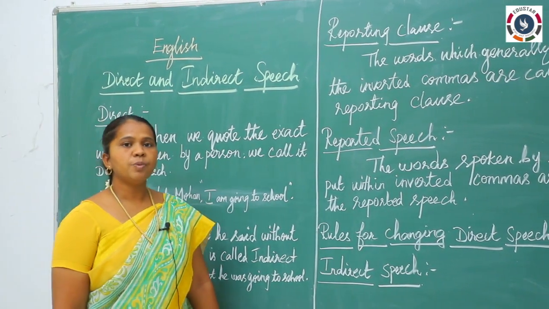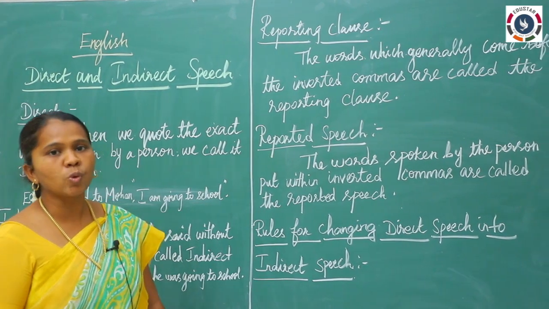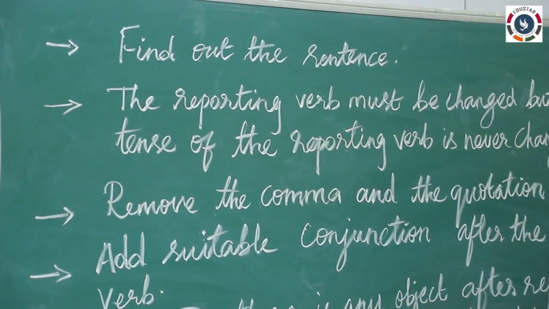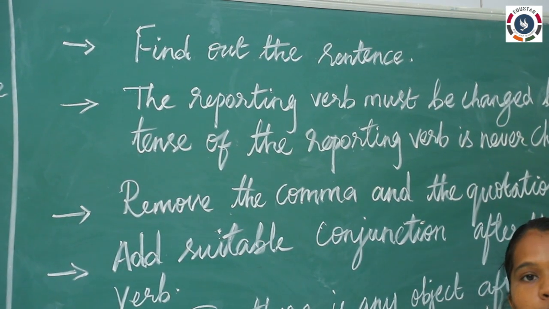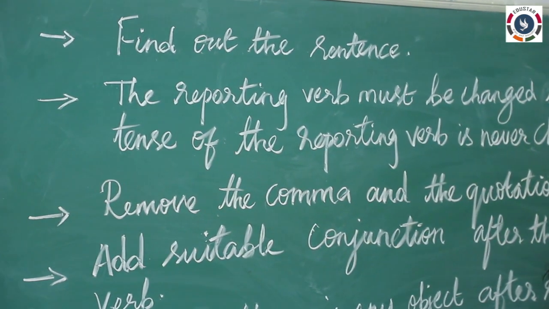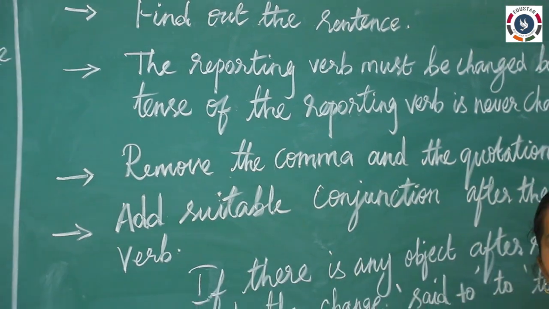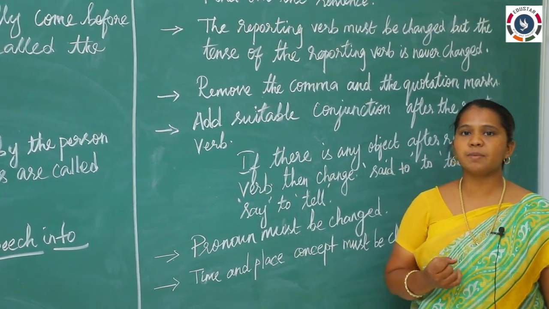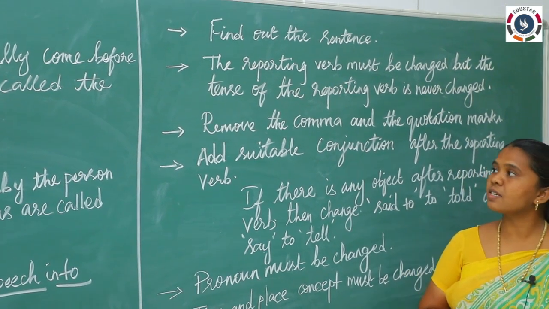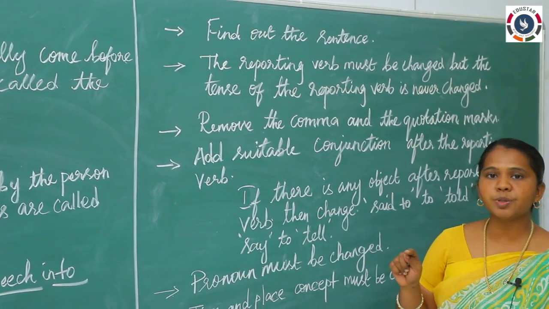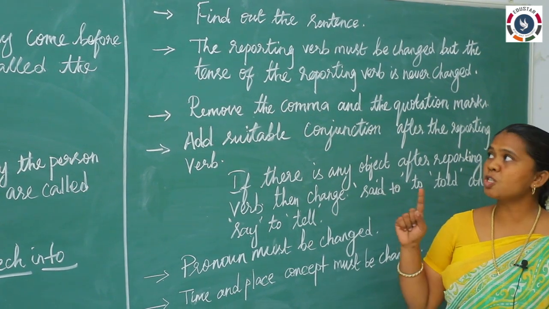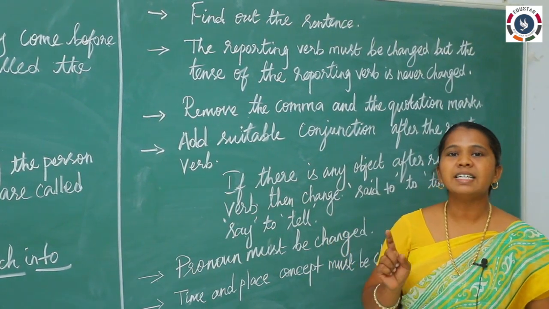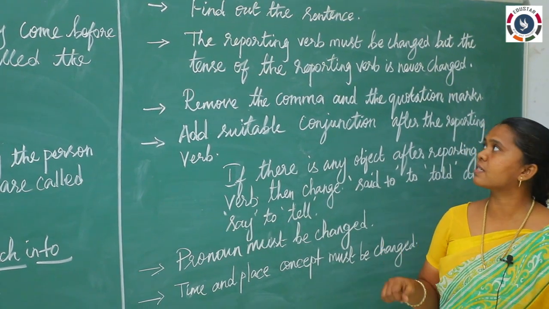Before that, we should know some rules. First, find out the sentence. Sentences are of four types: assertive sentence, imperative sentence, interrogative sentence and exclamatory sentence. So before converting that into indirect speech, first point, find out the type of sentence.